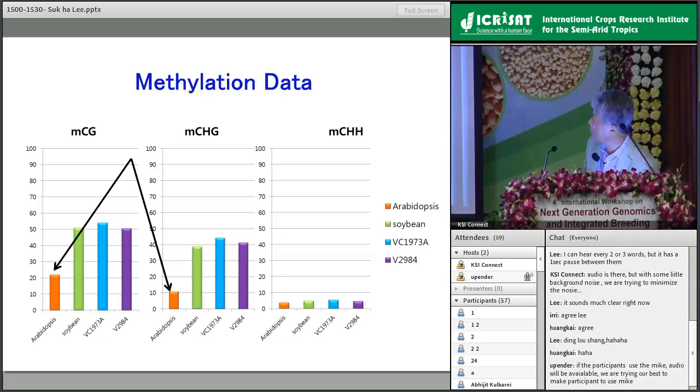However, for soybean, the frequency of methylated CHG is not much different from methylated CG. So our two mungbean varieties, VC19738 and V2984, were similar to soybean.